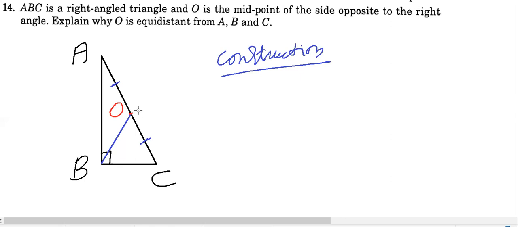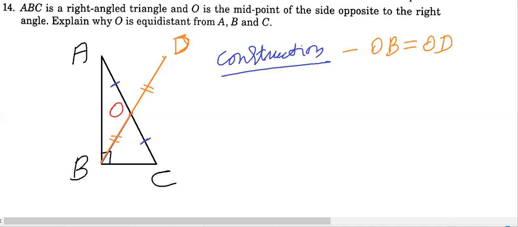That construction step is extend this BO such that OB is equal to OD, something like that. इसको D मान लो, D. This is D. So what construction I have made? I have made that OB is equal to OD. This is the construction I have made. Got it or not? Okay.